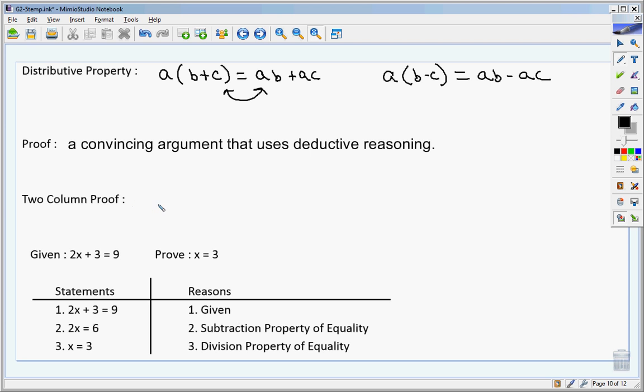A two-column proof is simply a list of statements with their corresponding reasons.